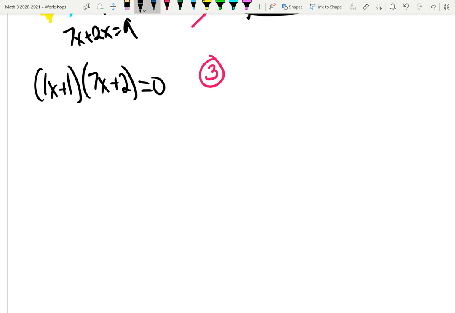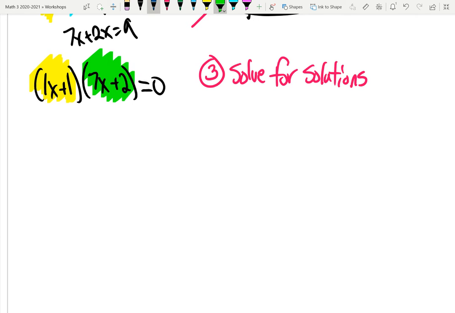This is where I'm going to go ahead and solve for solutions. Remember, think of these as two numbers. Number 1 times a different number.